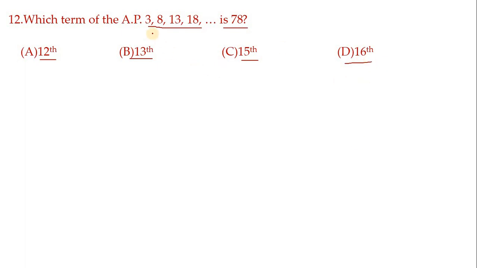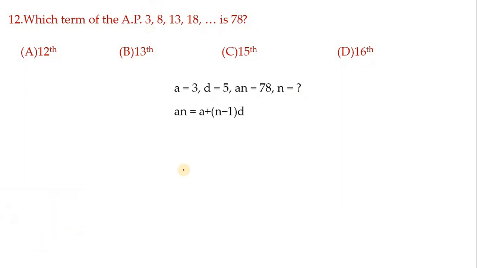So from that AP, first find the values of A, D and AN. So A value is 3, always first term is 3, and D is 8 minus 3, that is 5, I have directly written, and last term is given. So AN is given, N is question mark.